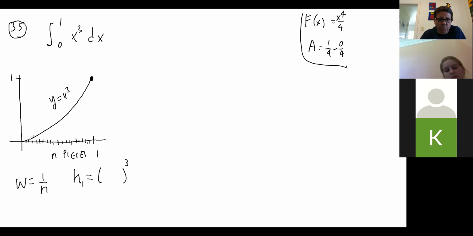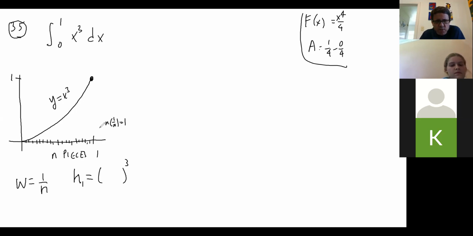If it was a quarter, it would be a quarter, then 2 copies of a quarter, then 3 copies of a quarter, then 4 copies of a quarter. Each individual piece is like 1 over n. 2 copies of 1 over n, 3 copies of 1 over n, 4 copies. So when I get all the way to the end, it will be n copies of 1 over n, which is 1, and that would be at the end.